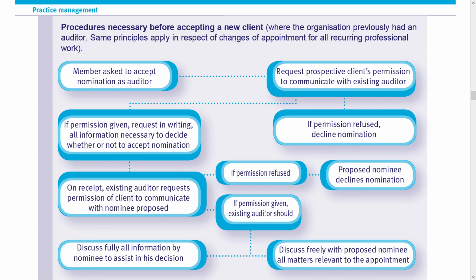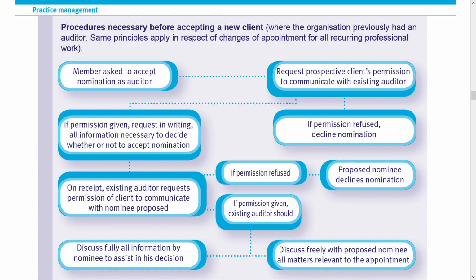The previous auditor also has to get the permission from the client before they can supply information to the new auditor. So if the permission is refused, I hope you can follow through the diagram. If the permission is refused, then what happens? The proposed nominee declines the nomination. That means as a new auditor, you don't accept the client.